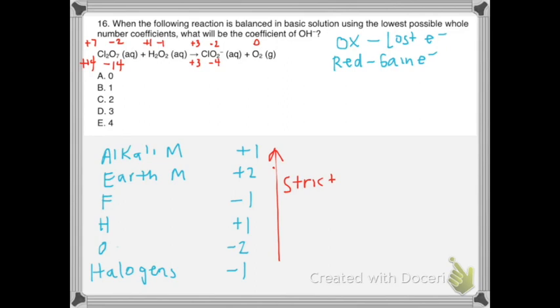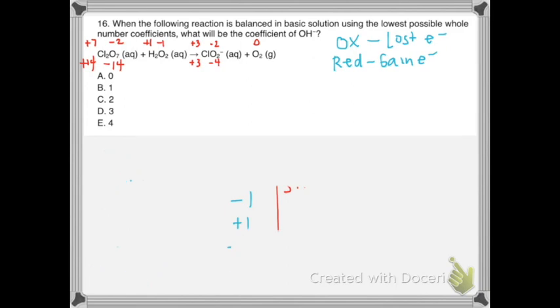So we can look at how the oxidation numbers have changed. If we look at the chlorines, we see it went from +7 to +3. So it's a decrease in number, so it's becoming more negative and gaining electrons. Okay. So this will be what's reduced.